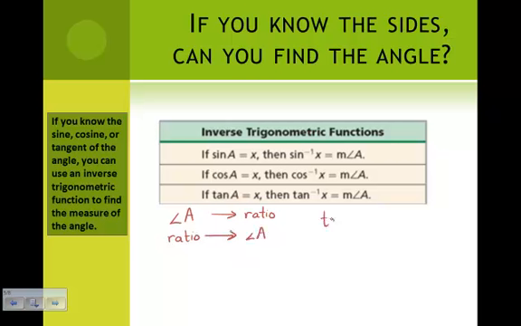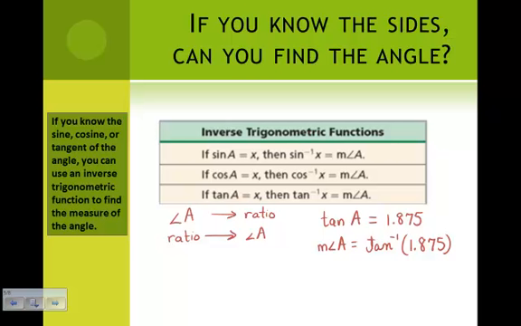So let's take that most recent example we had where we knew that the tangent of angle A was 1.875. If we wanted to find angle A, we could say the measure of angle A is equal to the inverse tangent of 1.875. Now to do inverse tangent on my calculator, I press the second button, and then tangent, and then 1.875.